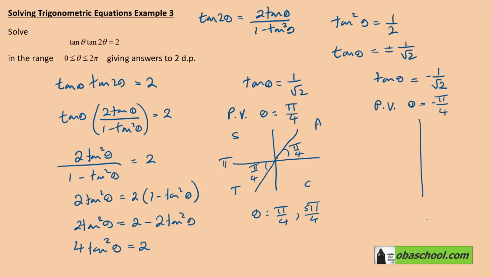And then over here, don't worry about the fact that this isn't in the range. We know that it's a tangent and it's negative, so we're talking about there and there. And this angle is pi by 4, so this angle is pi by 4. And so when we go around from 0, we're going to get 3 pi by 4 there and 7 pi by 4 there.